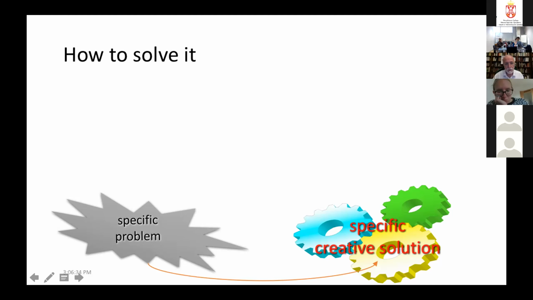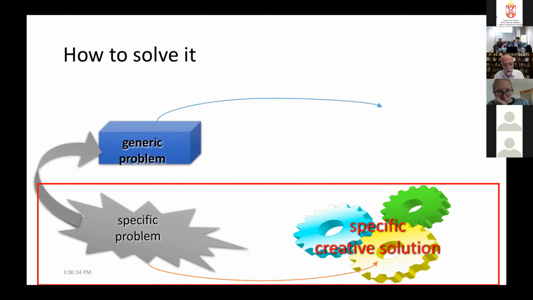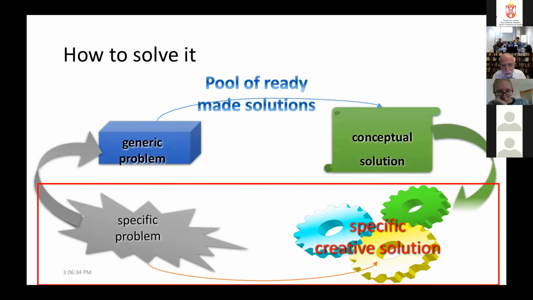And then for those resources, you realize that you have a generic problem and you have a pool of ready-made solutions. And then you have a conceptual solution and then you just make some adaptations to your specific problem to have a specific solution.